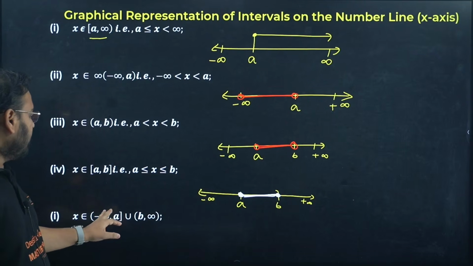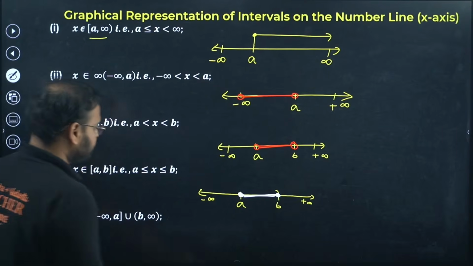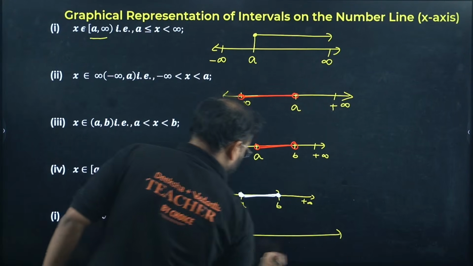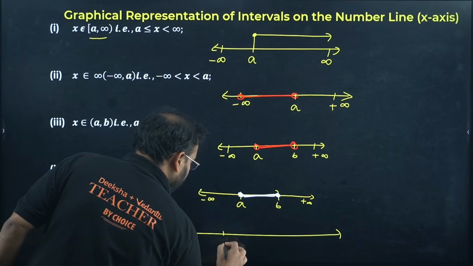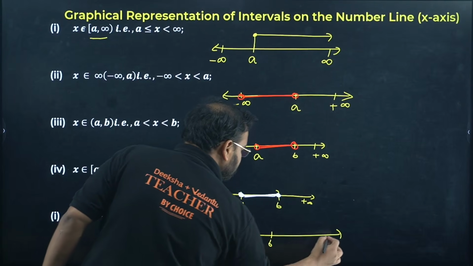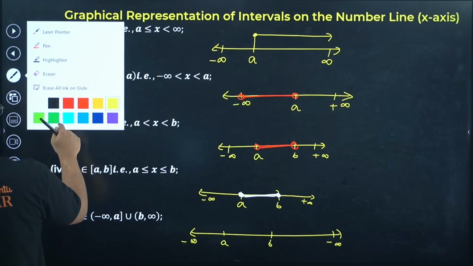Now this is when a is closed and b is open. This is a very good question. Here, this is negative infinity, this is a, this is b, and this is positive infinity. Have a look very patiently and carefully.